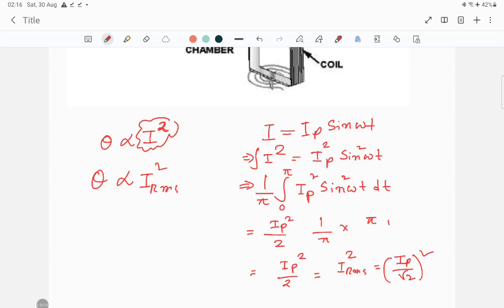If you provide a very high input signal or very high current, the temperature of the fixed coil and the moving coil will increase, so the resistance will vary. That's why the disadvantage of this meter is that there is a limiting factor on the current or input signals you can provide.